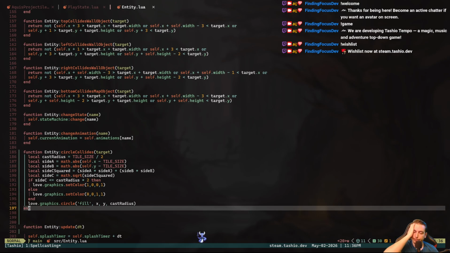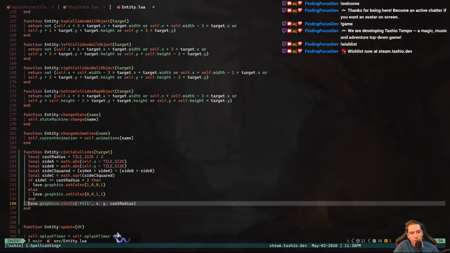Okay, so the circle collides method does the Pythagorean theorem, and right now it's ultimately just setting the color. Especially because this used to be just rendering it where the mouse was. We don't need that.